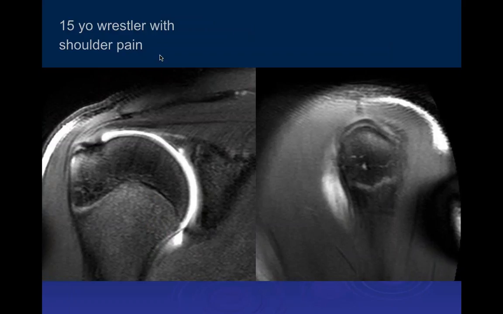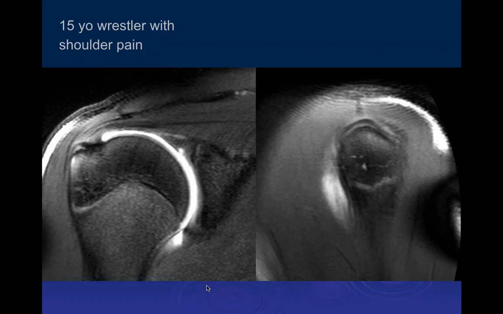Now, Deshali, what do you think of this case? A 15-year-old wrestler with shoulder pain, coronal and sagittal PD images of the shoulder with fat suppression, or this could be a T1 fat sat after an intra-articular injection of contrast.